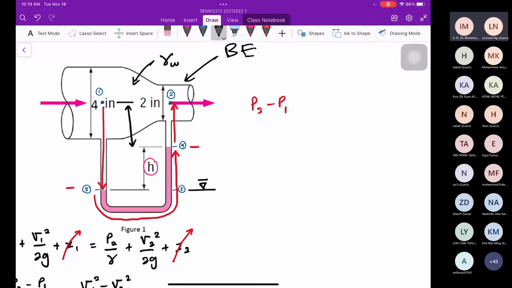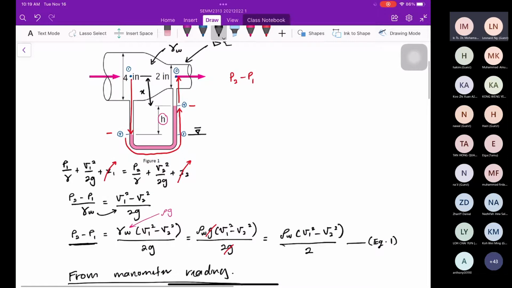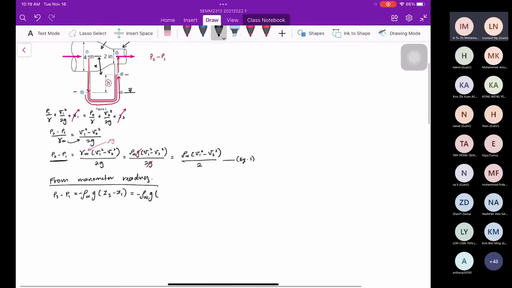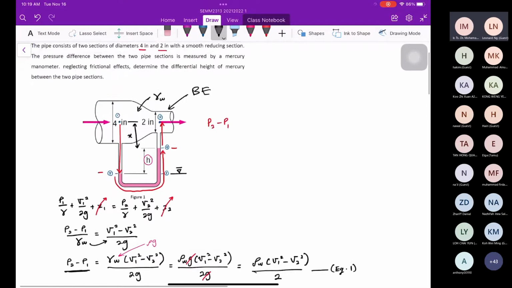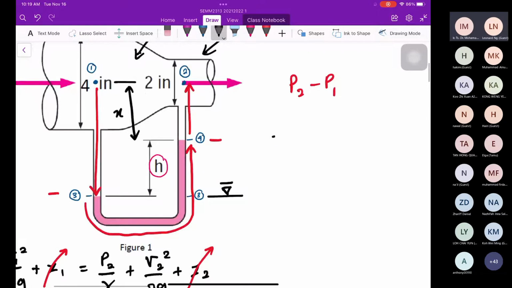So let's say this is X. So Z1 basically, let's put Z3 equal to 0 minus bracket Z1. What is Z1? Which is X plus H, right? Z3 equal to 0.